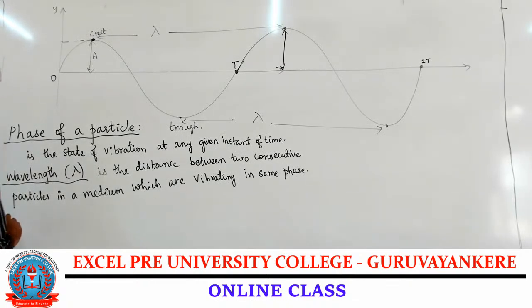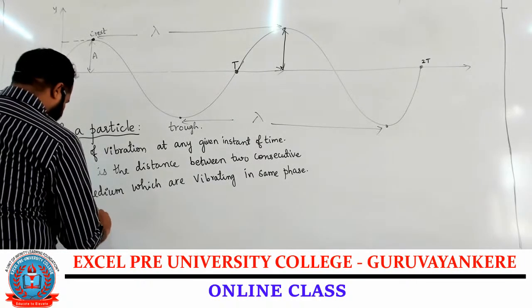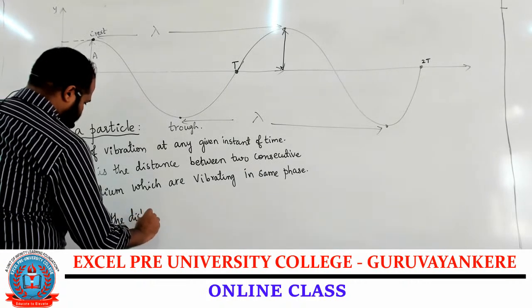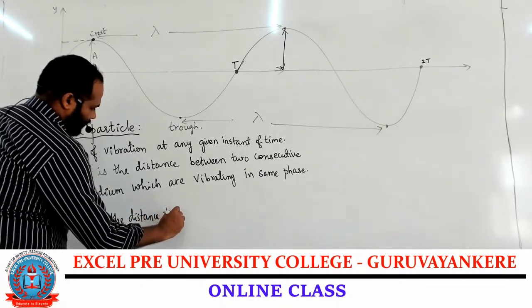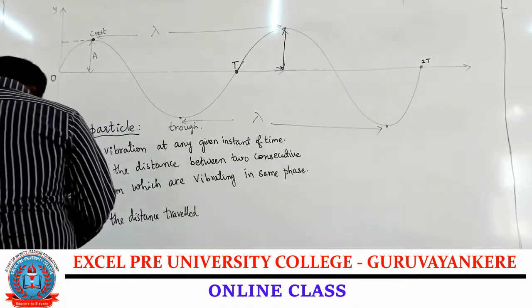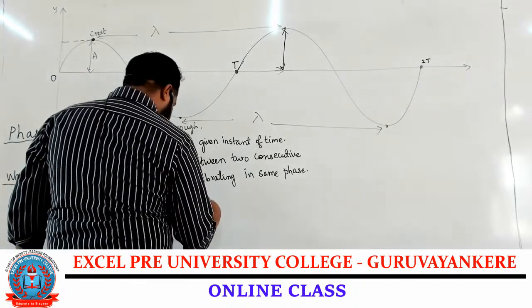Next, we will also learn about wave velocity, given by V. Wave velocity is the distance traveled by a wave in 1 second.